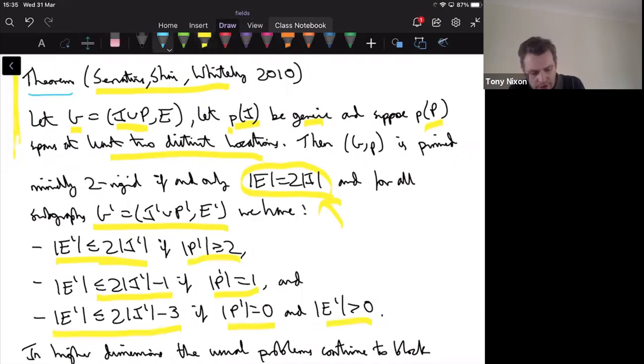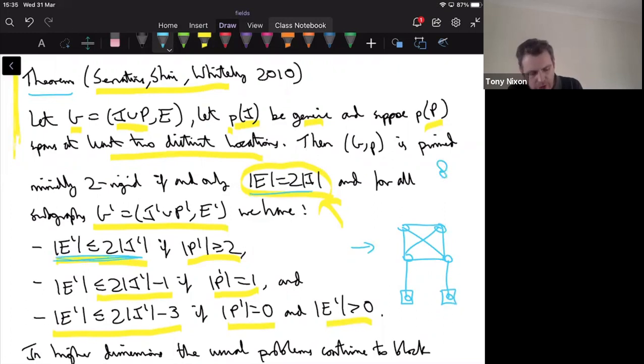So I think this situation should be relatively clear. Say I have 2 pinned vertices like this and 2 edges like that, and then the 4 vertices up here in the K4 are all inner vertices. Then this graph has 8 edges and 4 vertices, so E equals 2I happens.